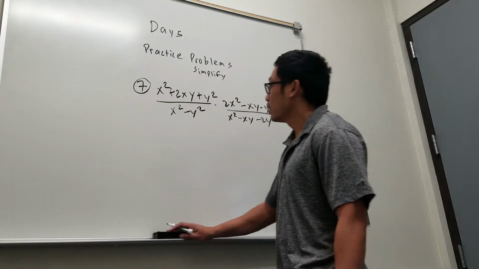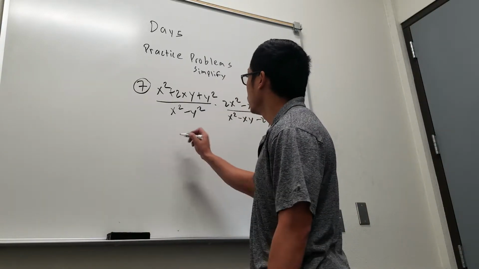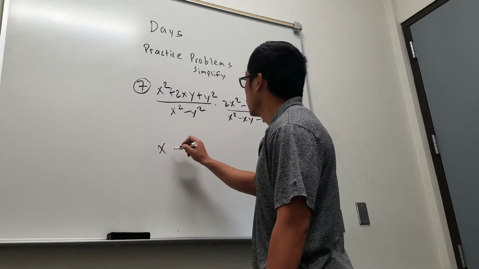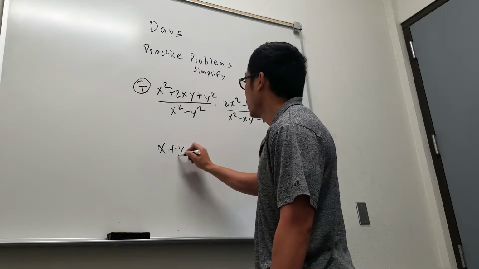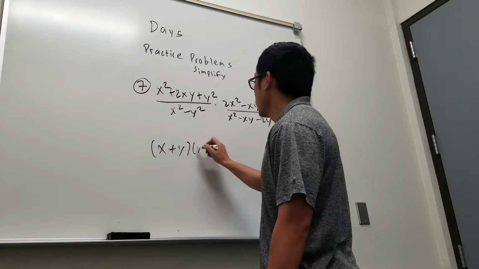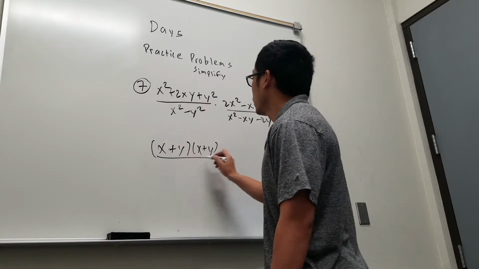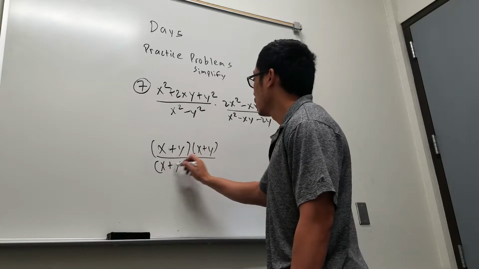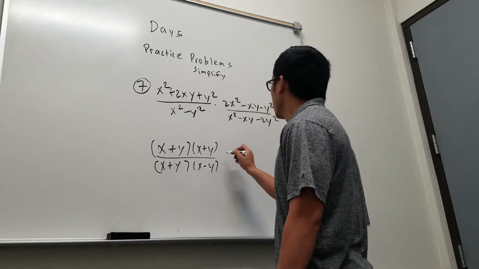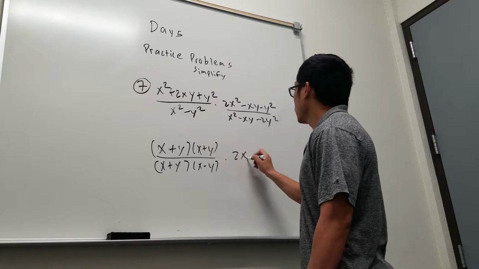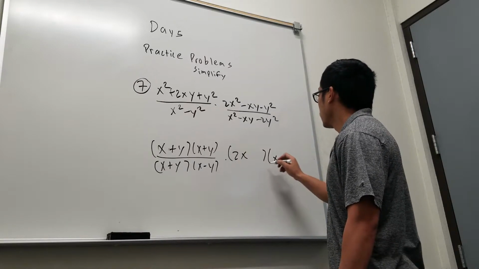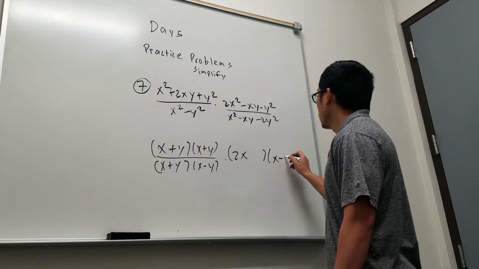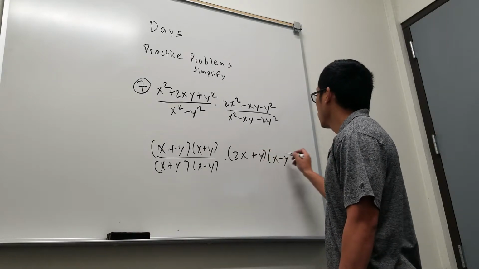So how do you do this? You just factor. This is just x plus y times x plus y. Then you have x plus y, x minus y, minus this one, 2x, then you have x, then minus y, plus y.